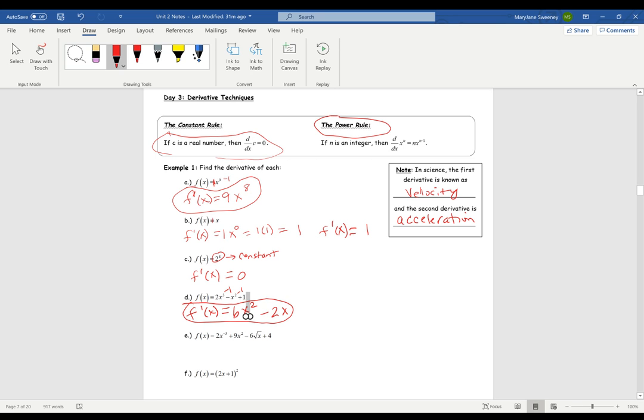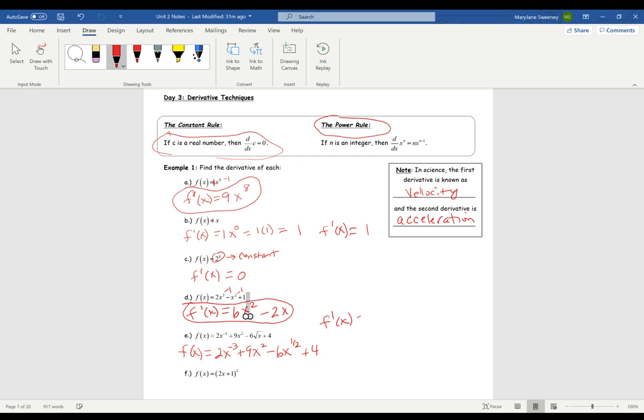This next one, I'm going to rewrite it first because I see a square root in there. So 2x to the negative 3, 9x squared. Since this is the power rule we're using, we want this written as a power. So square root of x is x to the 1/2 power. If it was cubic root, it's to the 1/3. Fourth root is to the 1/4.